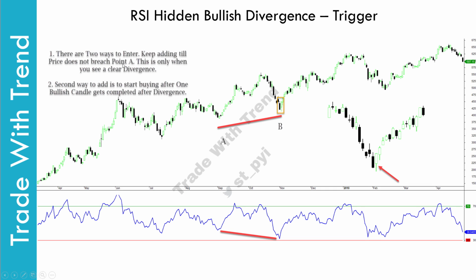I usually prefer the first method because I have been trading for many years now, and the main thing here is experience and how you manage risk. The rest of the things do fall into place as you start trading this strategy more consistently.